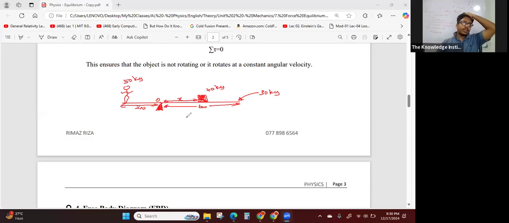So here you need to find the normal reaction force acting at this support, and also the distance to the block from the point O. I'll give you a couple of minutes to try this question.